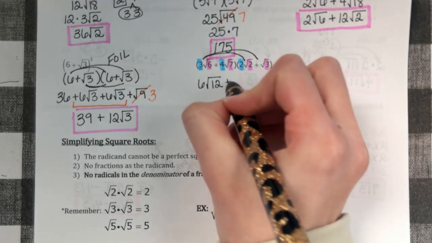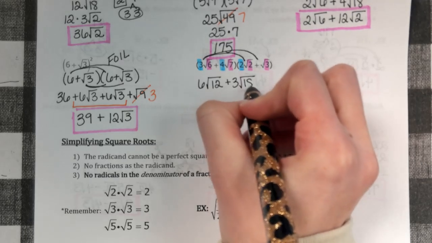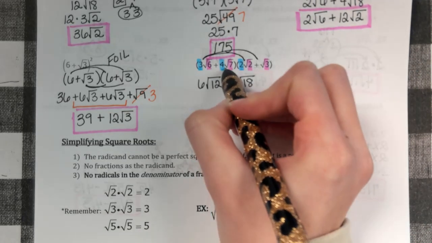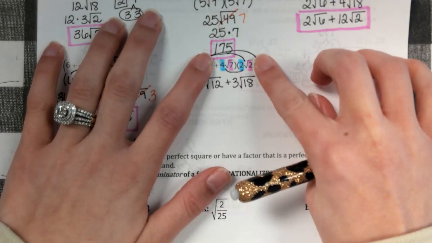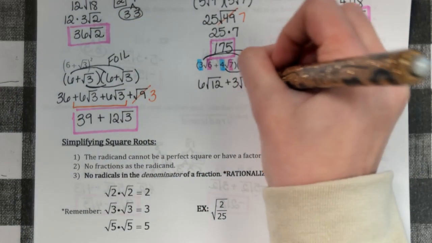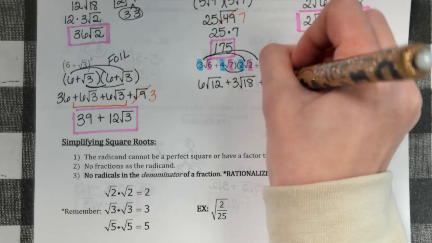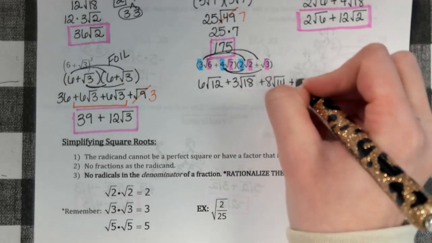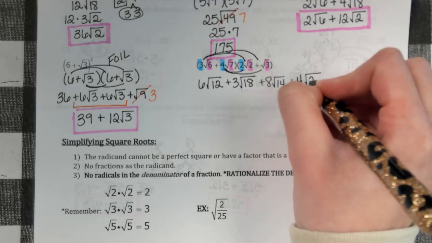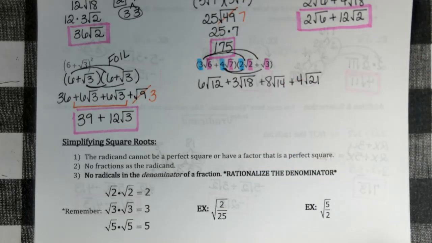Very good. And then I have 4 square root of 7 times 2 square root of 2. 8 square root of 14. Good. Plus 4 square root of 7 times square root of 3. 4 square root of 21. Y'all okay with that? Okay.